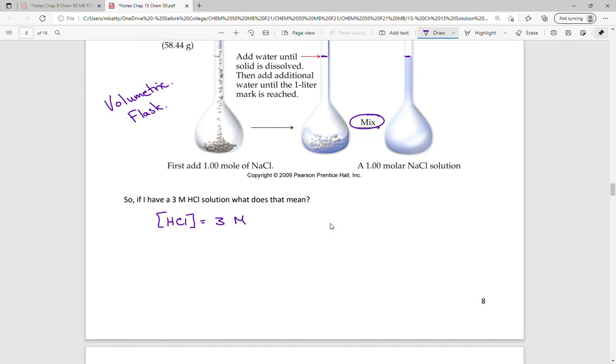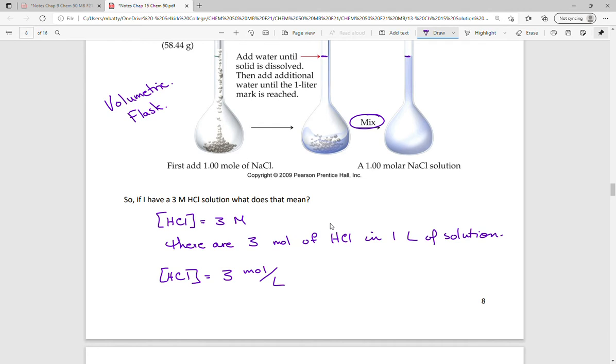Or I could say that there are 3 moles of hydrochloric acid in 1 liter of solution. Another way of writing is that the hydrochloric acid concentration is 3 moles per liter.